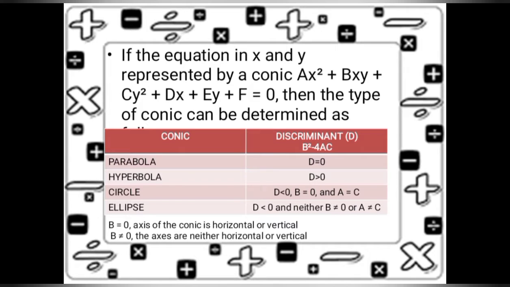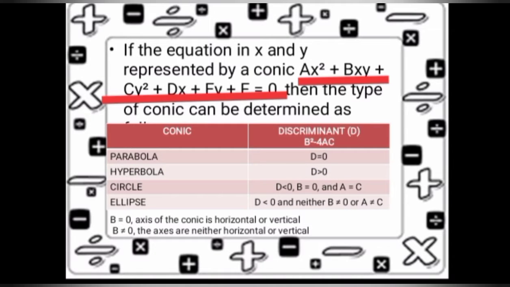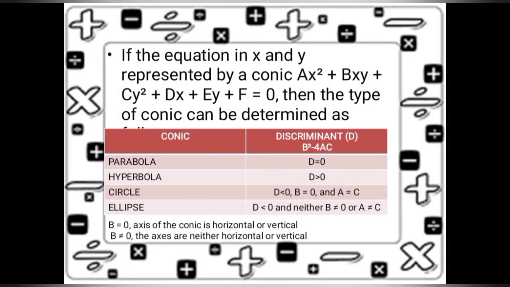If the equation in x and y is represented by a conic, ax squared plus bxy plus cy squared plus dx plus ey plus f is equal to 0, then the type of conic section can be determined as follows. We can say that the equation is a parabola when its discriminant is 0. The formula for the discriminant is b squared minus 4ac.